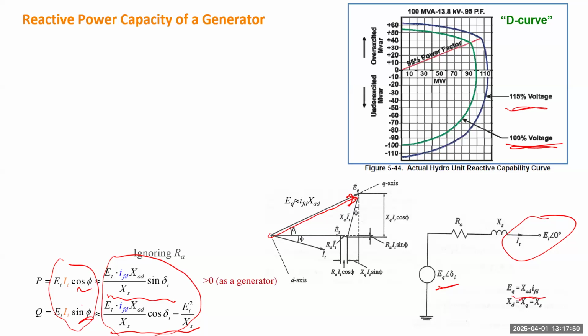Okay. For a generator, we always assume P to be positive. For the Q, if it's positive, we call it overexcited condition. If it's negative, we call it underexcited condition.